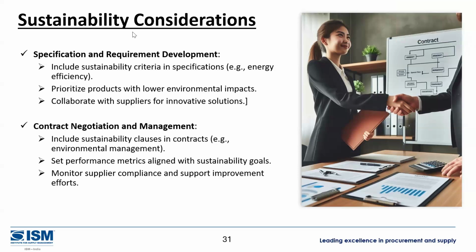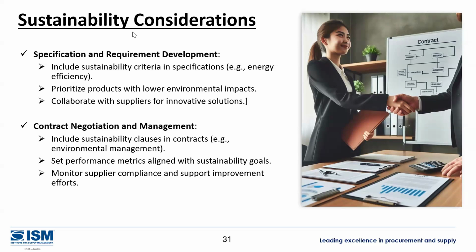We have to put sustainability clauses in the contract. And we have to set performance metrics aligned with the goals. Now, while talking to the vendor, we also have to make sure that execution goes that way. We have to optimize the transportation process to reduce emission.